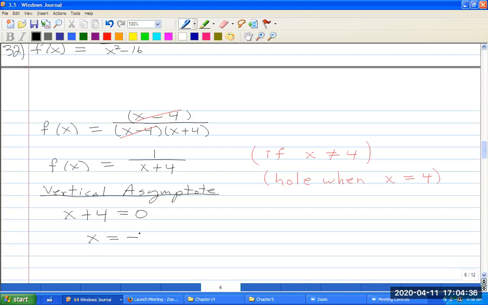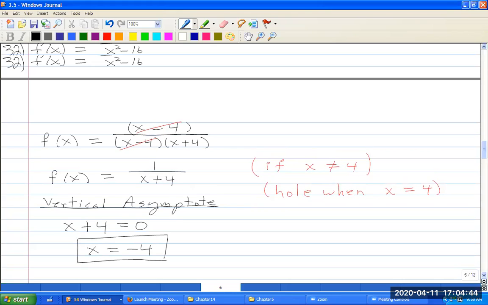So x is equal to negative 4. This is my vertical asymptote. Note that if you set the original function's denominator equal to 0, you would get an incorrect answer, because x equaling 4 is not a vertical asymptote. It has a hole when x is equal to 4. So we have to be a little bit more careful for that.